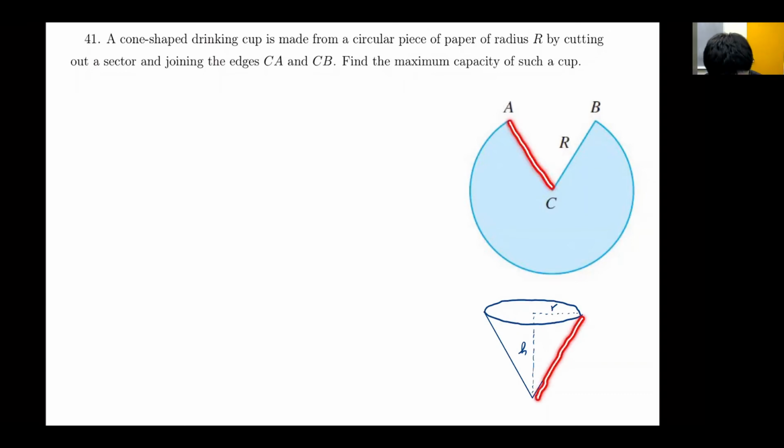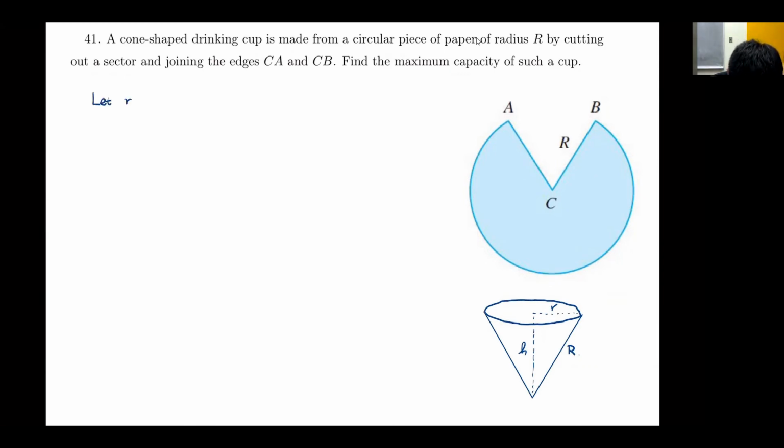So now we assume that the original paper was circular with radius capital R. So that's how we see that the hypotenuse of the triangle formulated by lower h and lower r is actually going to be of length capital R. All right, so this will give us the first relation between these two variables. Let me actually write down the definitions first.